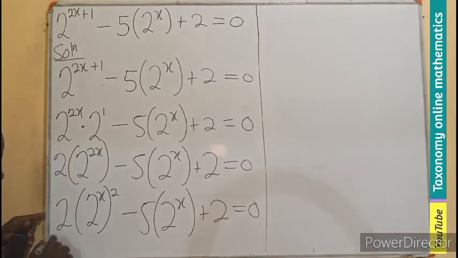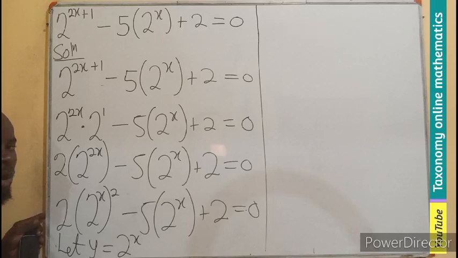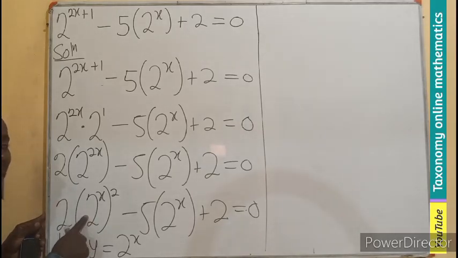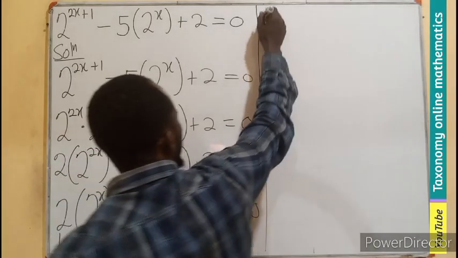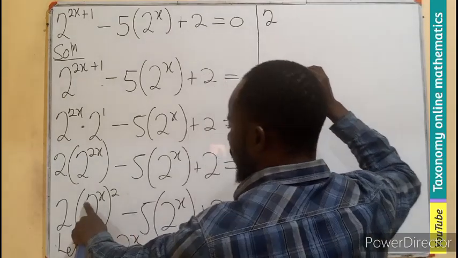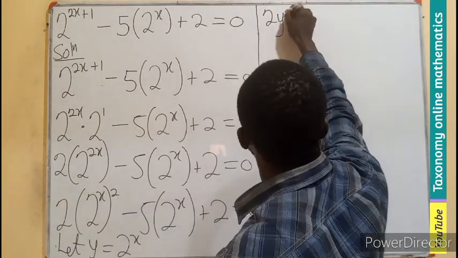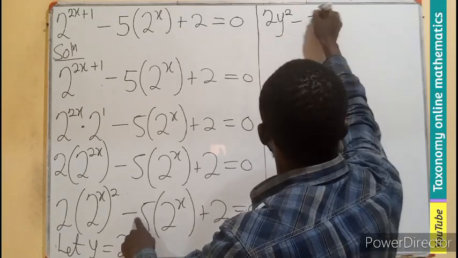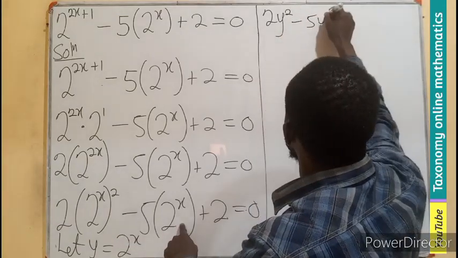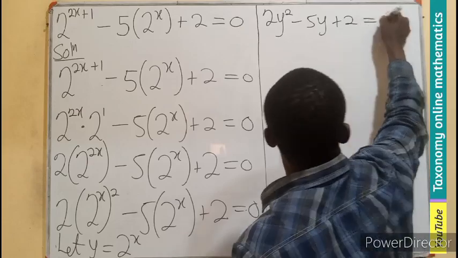So we can say that let y equal 2 exponent x. So I can replace this by y. So I'll have my 2 in front, multiplying y squared, then minus 5y plus 2 equals 0.